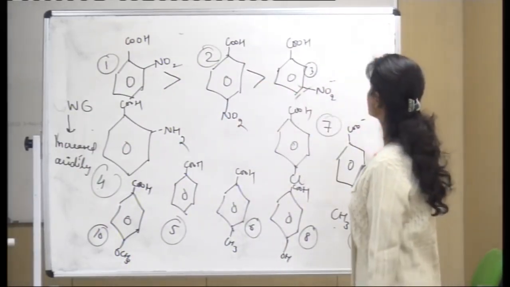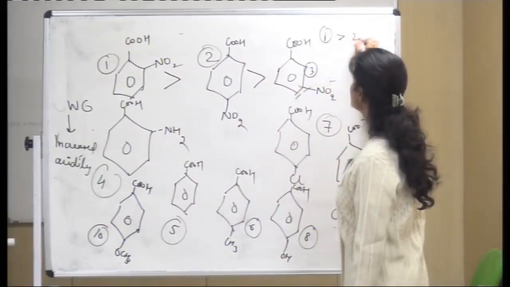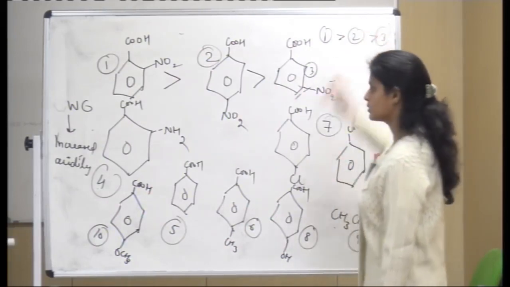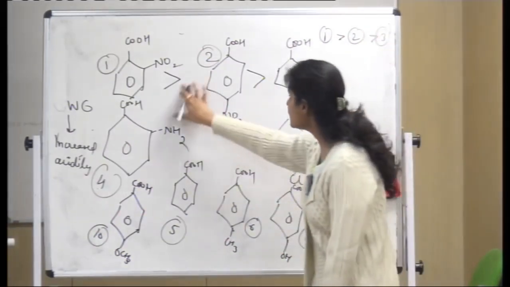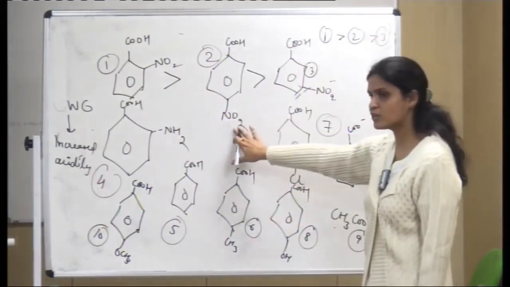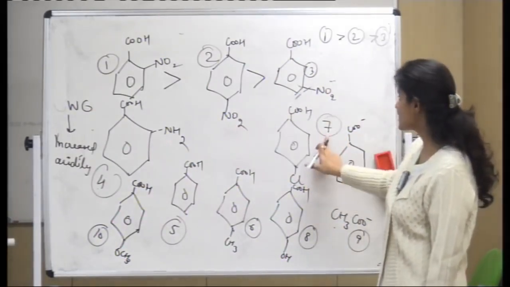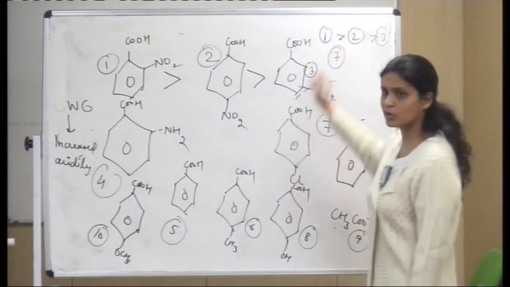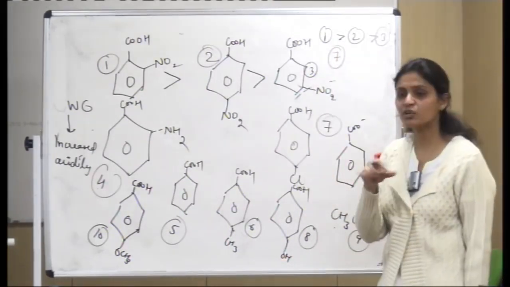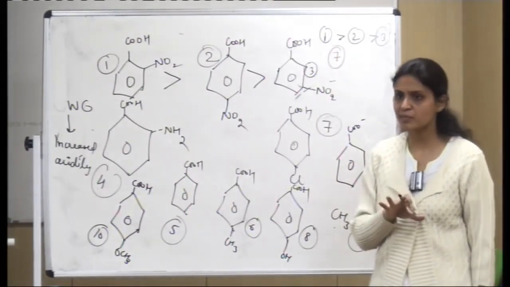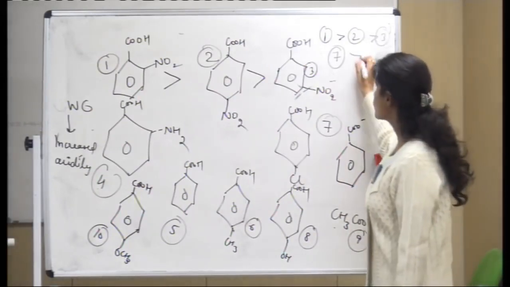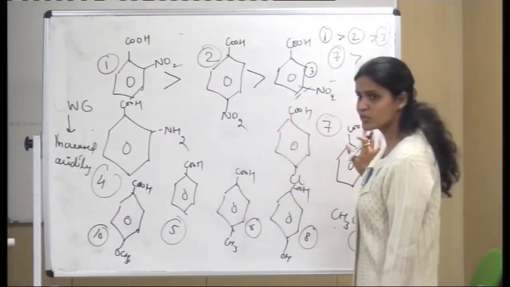So I should write the order here: 1 is more acidic, then 2, then 3. Okay, I have already completed the electron withdrawing group of nitro, but chlorine is also an electron withdrawing group. So the next is chloro, because nitro group is more electron withdrawing as compared to chloro group, right? I have already covered the electron withdrawing groups.